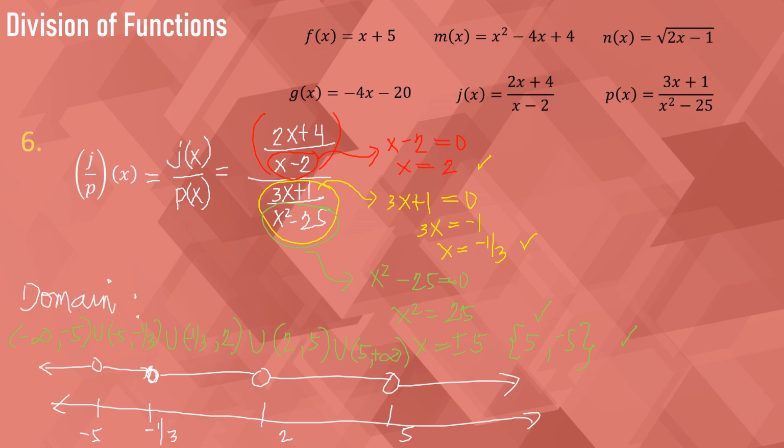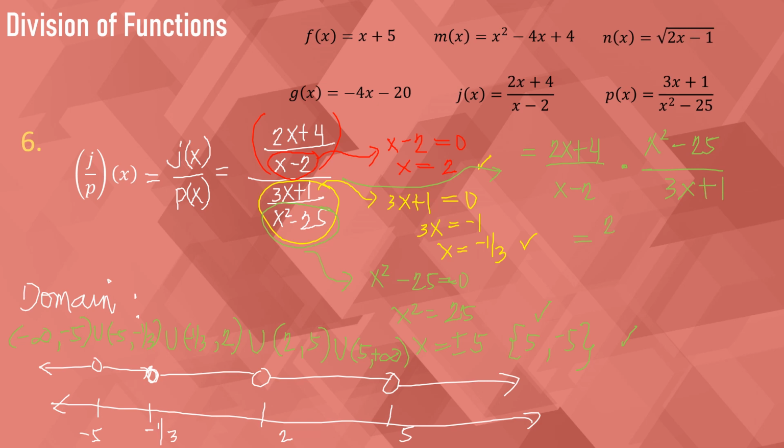Now, if we are going to proceed to the simplified form of this function, ang magiging itsura niya ay 2x plus 4 over x minus 2 times the reciprocal of the denominator, complex fraction kasi ito, x squared minus 25 over 3x plus 1.